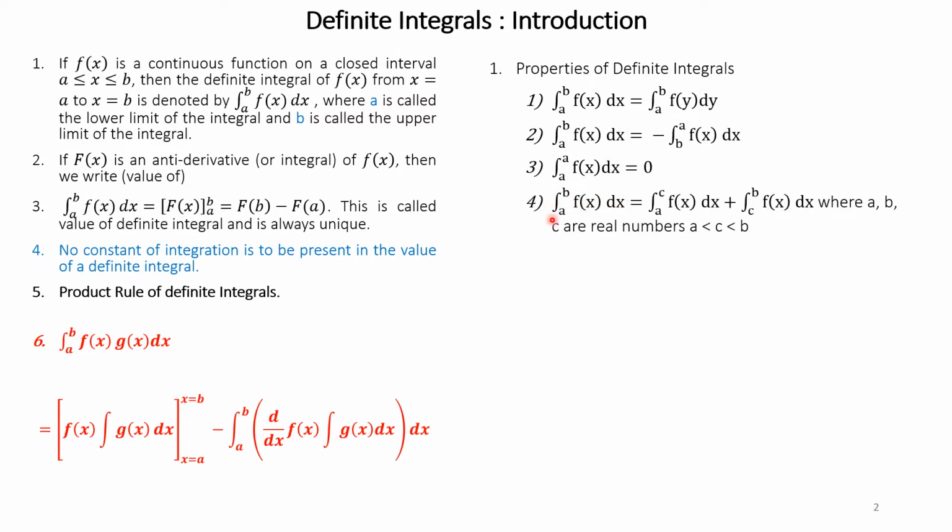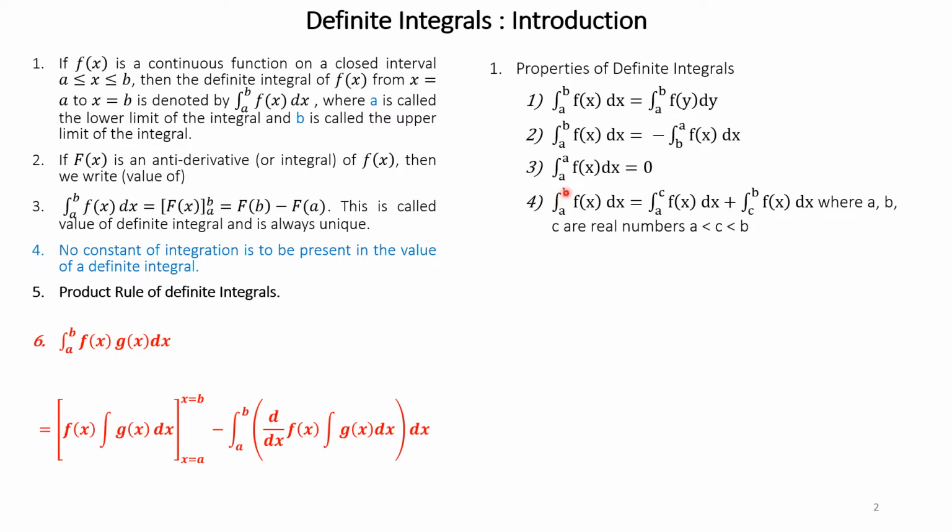Property number 4. The integral from a to b of f(x) dx: there is an intermediate real number c which lies between a and b, and the expression is given. I will read it once again.